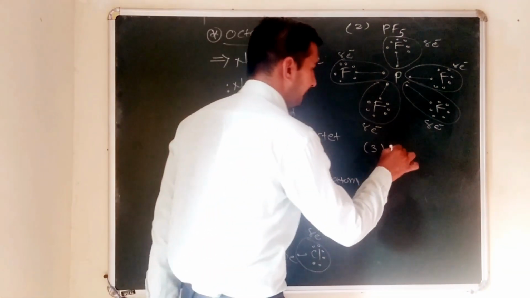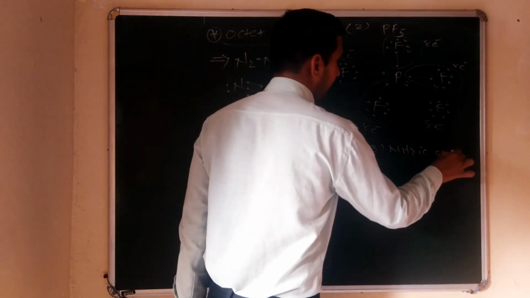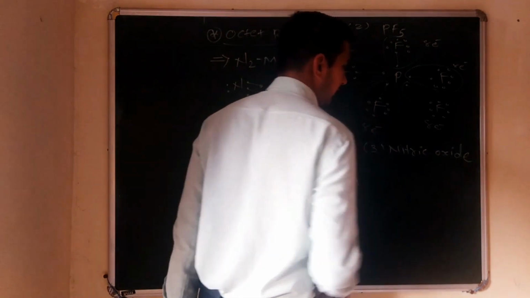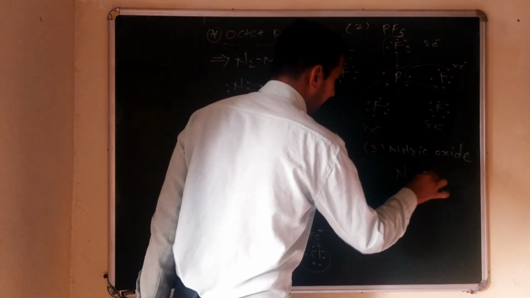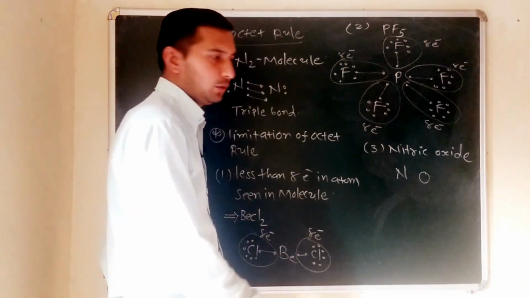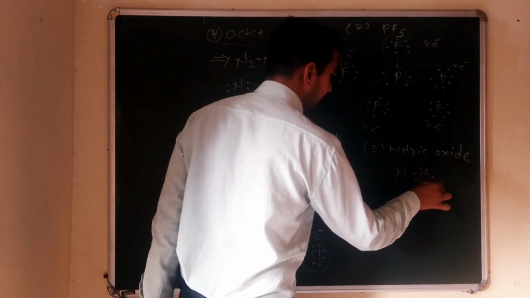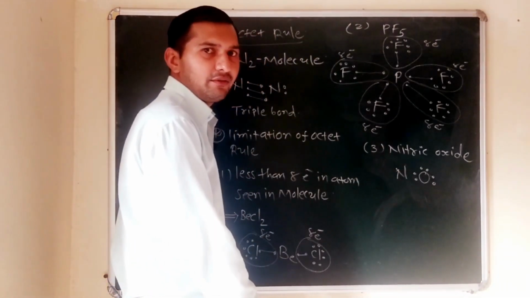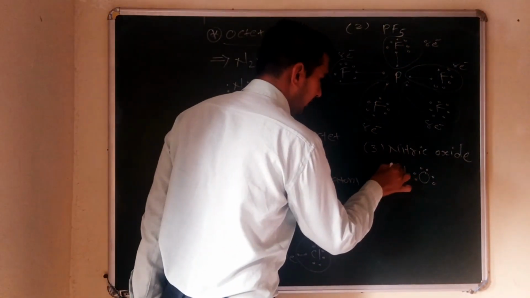For example, nitric oxide. In this nitric oxide, the chemical formula is NO. There are 6 valence electrons in the outermost shell of the oxygen atom, and 5 valence electrons seen around the nitrogen atom.